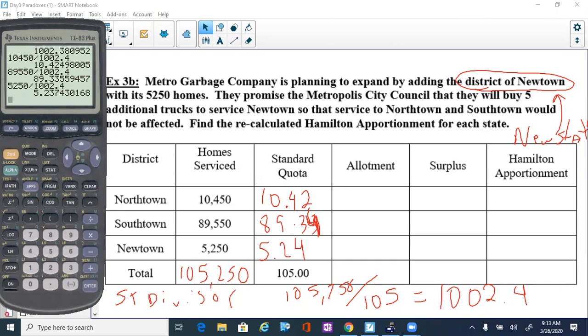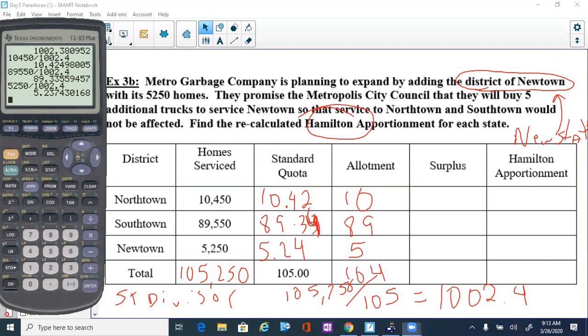Based off of Hamilton, we're going to go back to the lower quota. So this becomes 10, this becomes 89, this becomes 5, everything rounds down. That has given us a total of 10 plus 89 is 99, plus 5 is 104.